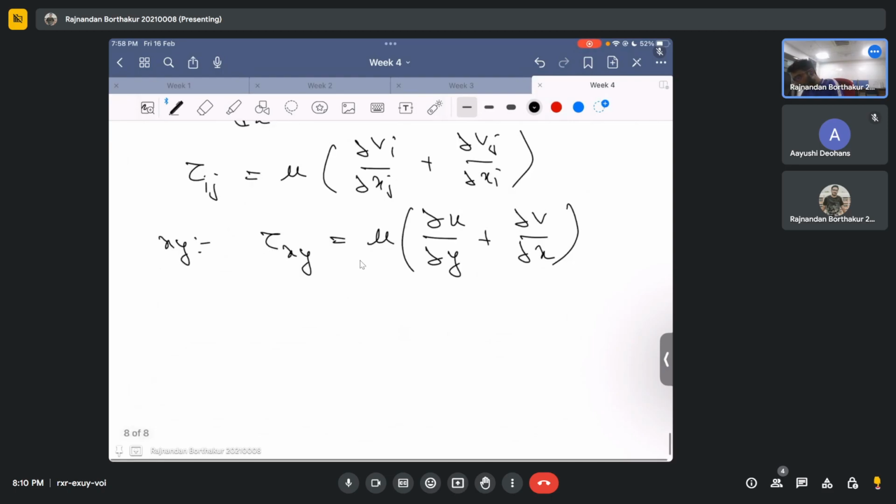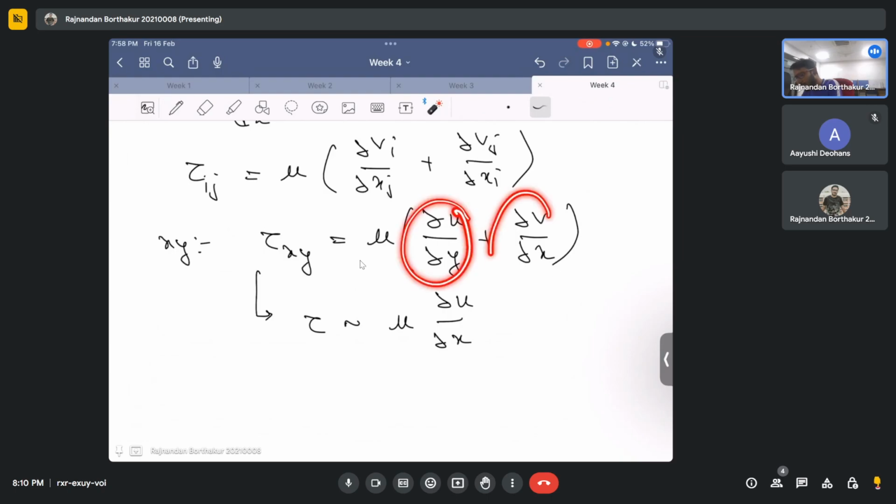So you can just write that this tau essentially scales as mu times some derivative of velocity by some derivative of length. For the time being, let's just write this to be u and this to be x, because since there is a plus sign, the scaling of these terms should be equal to the scaling of this term.